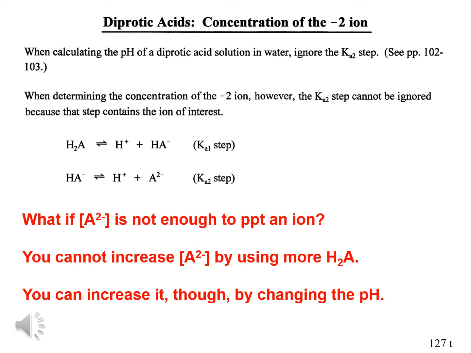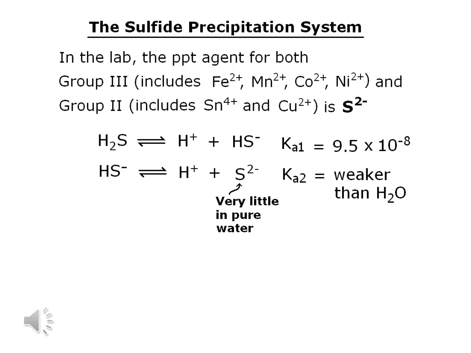We already said you can't increase the amount of that A2- ion by using more H2A, because the H plus and the HA- always cancel. But you can increase it by changing the pH. Even though we're not doing precipitations with H2S in the lab this semester because you're doing them at home, this is an important enough system in chemistry that I want to show it to you.